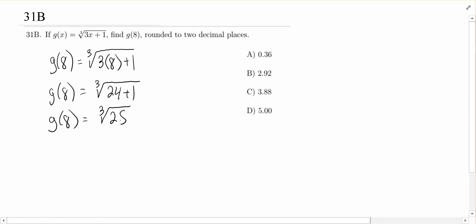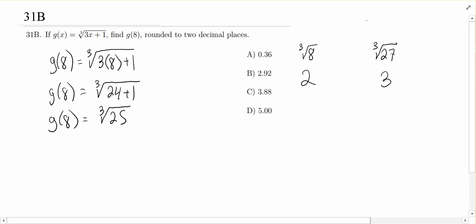So this should be very straightforward to put in the calculator and just do cube root 25, which I'll go over in just a moment. But I just want to point out that we know what the cube root of 8 is, and we know what the cube root of 27 is: the cube root of 8 is 2, and the cube root of 27 is 3.